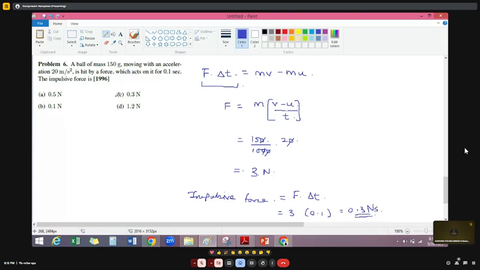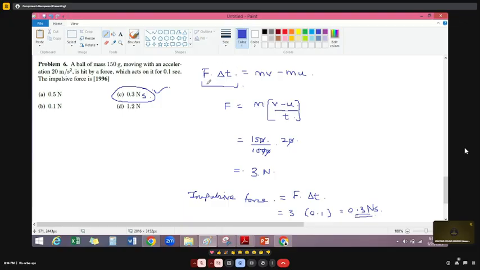Impulse should be in Newton second, force into time. So I think it's a printing error here. They should have given 0.3 Newton second. Any doubts?